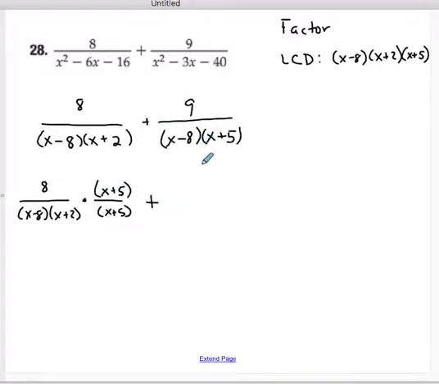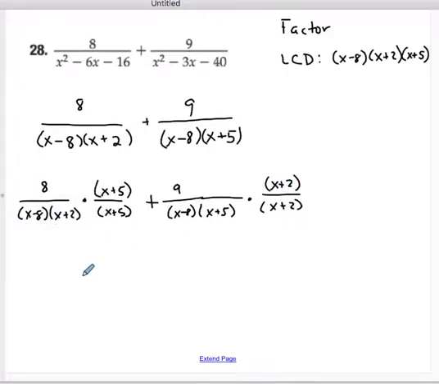For the second fraction, I've got 9 over x minus 8 and x plus 5. So I've already got these two factors. I just need the x plus 2 factor, so I'm going to multiply by 1, by the same thing, in the numerator and denominator.